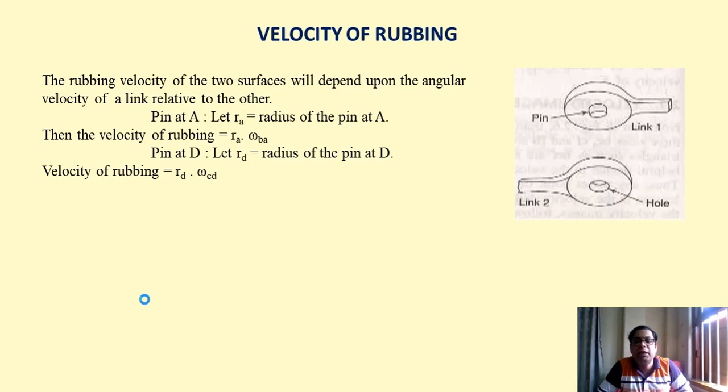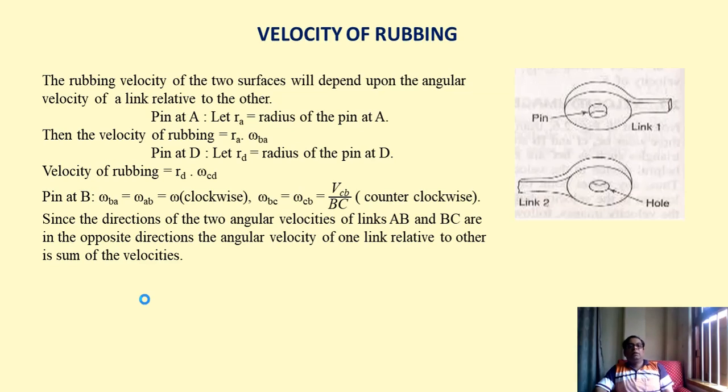For example, over here, if you look at the right hand side, for pin A, let RA be the radius of A, and velocity of rubbing should be equal to RA into omega BA. For pin D, that is the second pin, let RD be equal to the radius of the pin at D. So velocity of rubbing will be RD into omega CD.